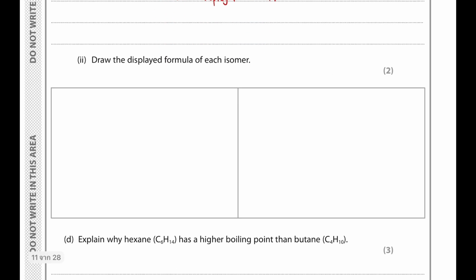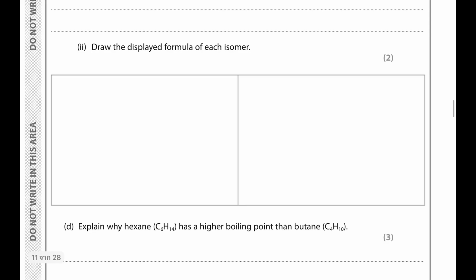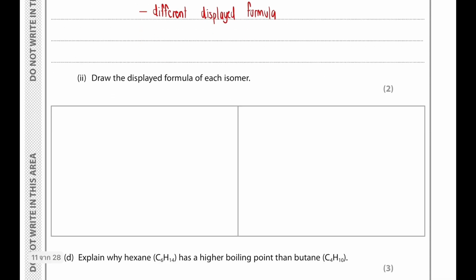Okay, then draw the display formula of each isomer, right? Okay, so we have 4 carbon here as a straight line, straight bond, straight chain like this. So I'll put 10 hydrogen here.